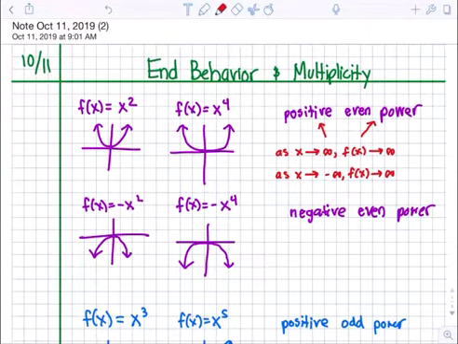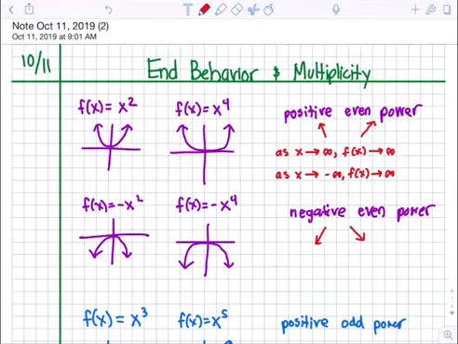Now, if we take a look at these functions, they're both even powers, but they're negative. So we have negative even powers right here. Their end behaviors look like this: down, down. To remember this, just remember the end behaviors go down, down.